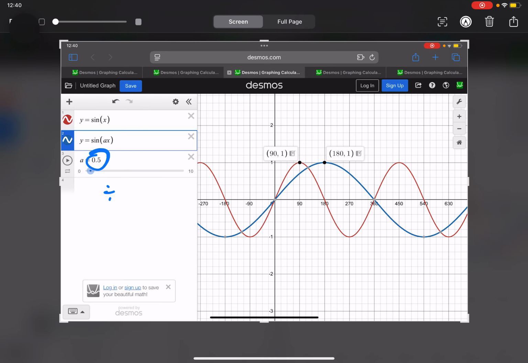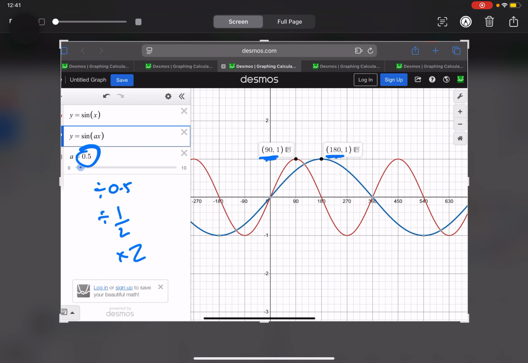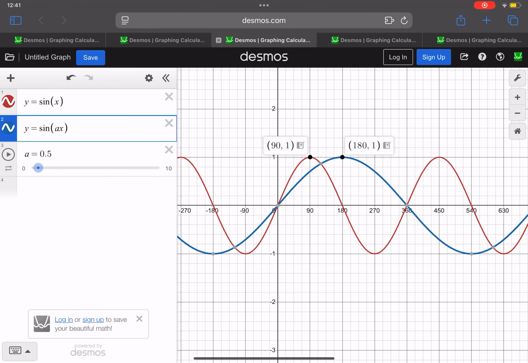If I divide by 0.5, that's the same thing as dividing by 1/2, which is the same thing as timesing by 2. The x coordinates are timesed by 2. It's stretched out by a scale factor of 2 in the x direction.